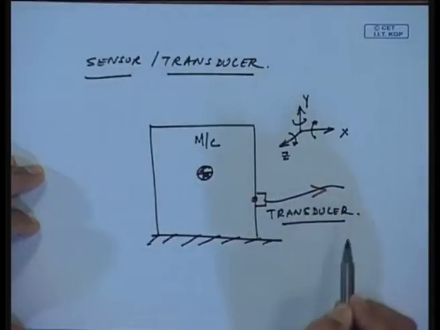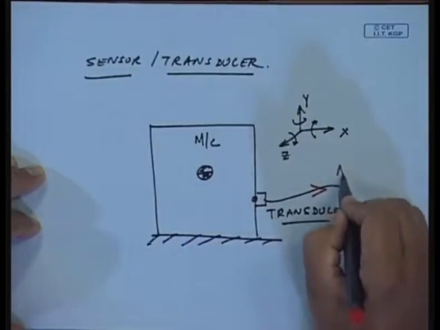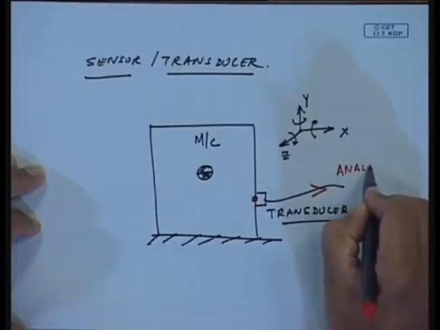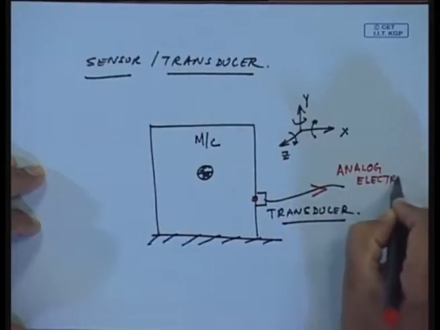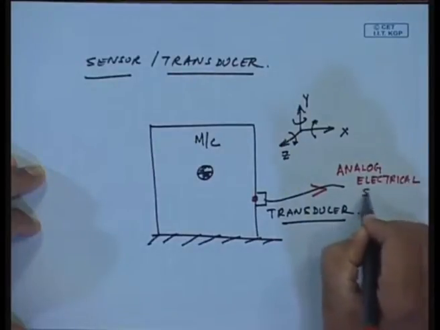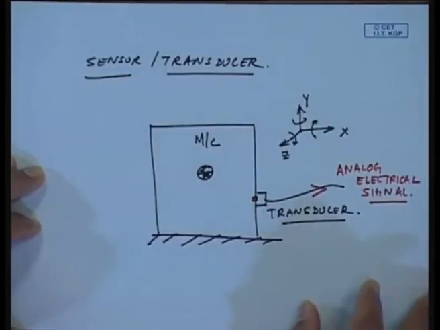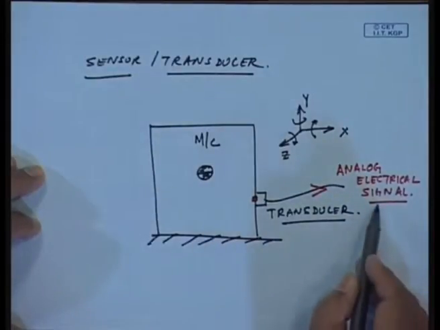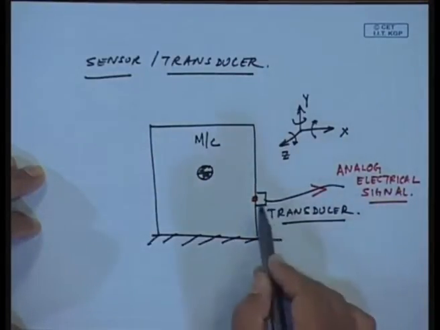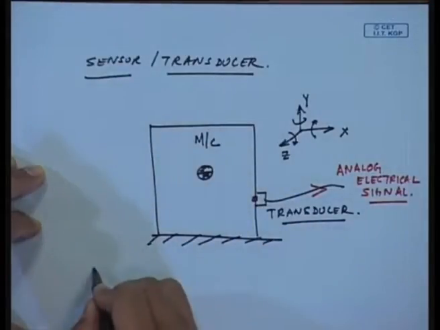And essentially this transducer usually gives an analog electrical signal. Now, this signal which we obtain from the transducer is dependent on the mechanical parameter.